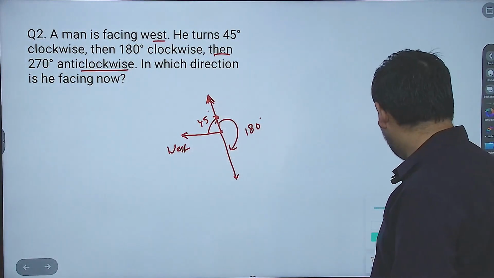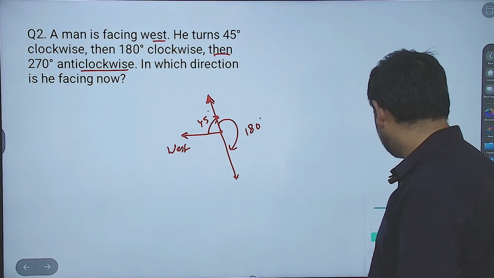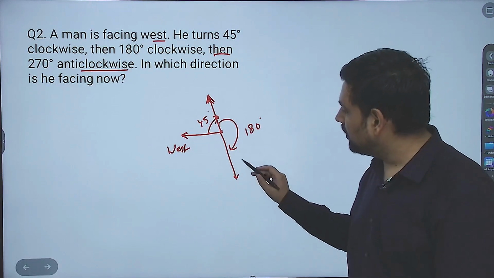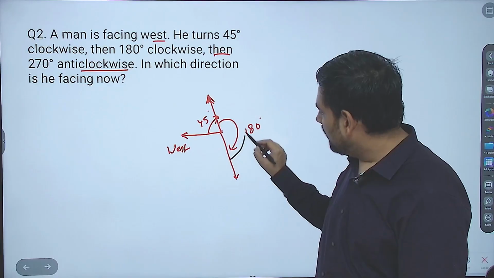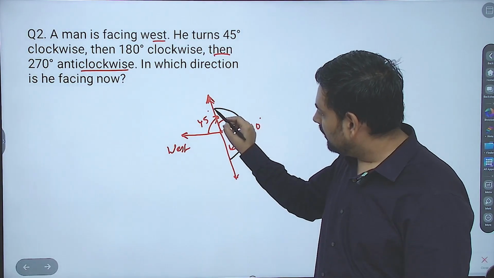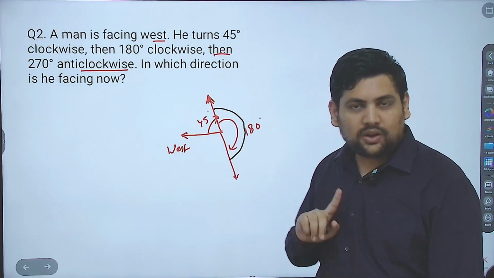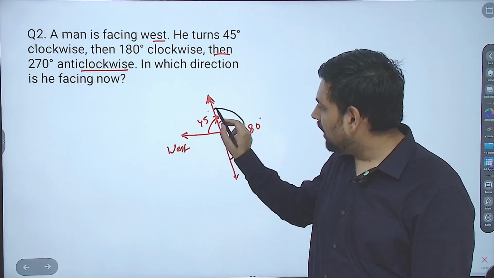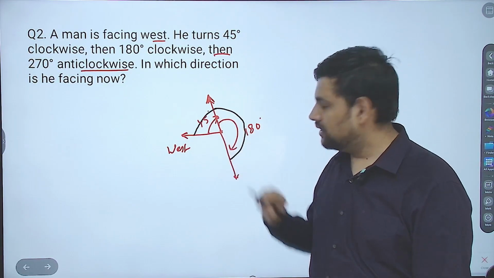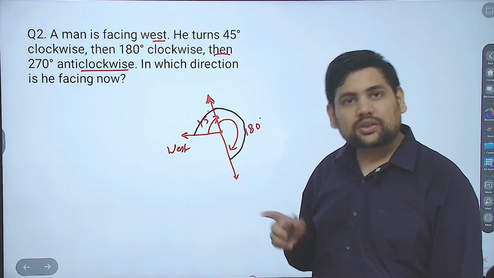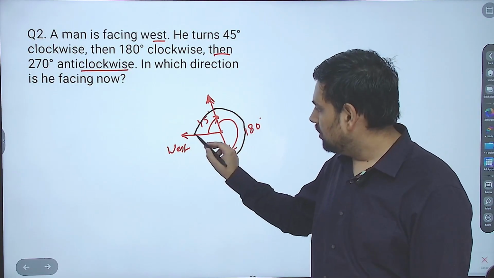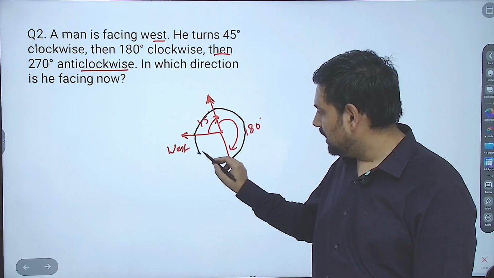Now see how this will pan out. He has to go 270 degrees, so first he goes anti-clockwise. 180 degrees, this is done, so of 270, 180 is done. Then after that, 45 more is done, that is 225. Now 45 more will be somewhere here.